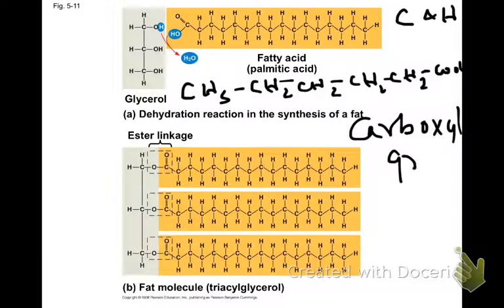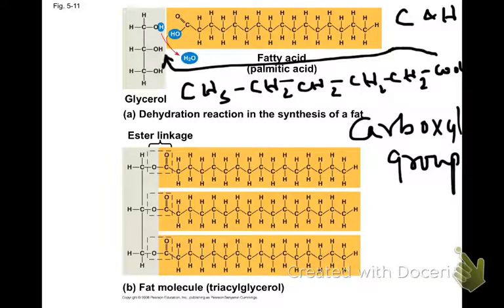So this carboxyl group that you have reacts with the alcohol group of glycerol. So the whole thing is kind of put the other way around, sort of flipped, like you would flip a pen or flip a scale.